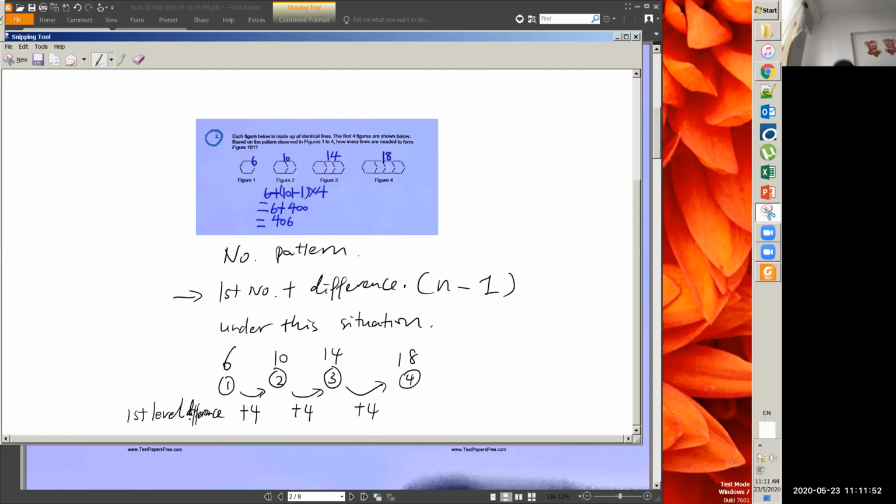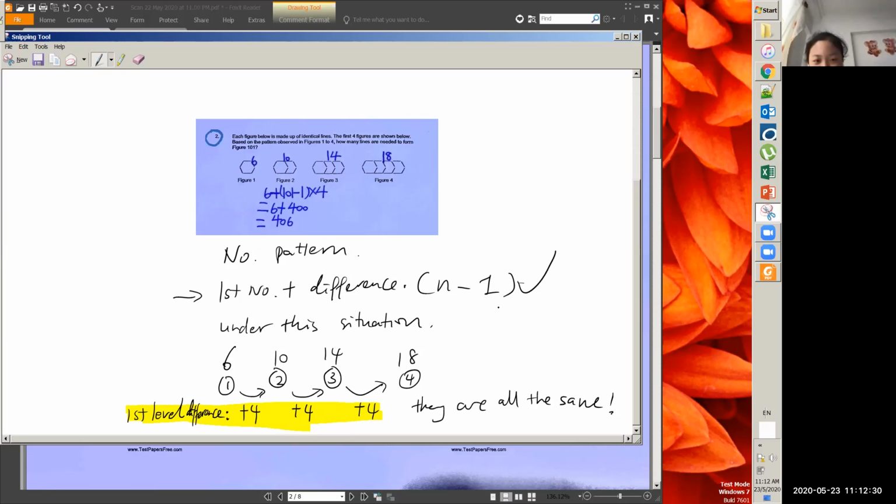You have to pay attention: if the first level difference is all the same, in this case plus 4, then only you can use this formula.